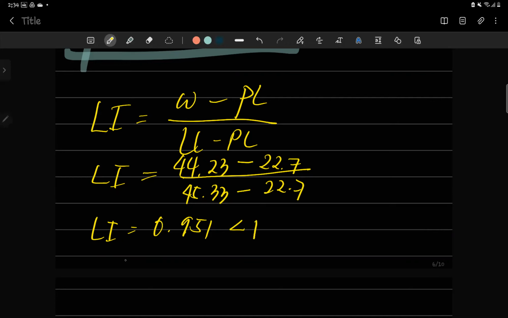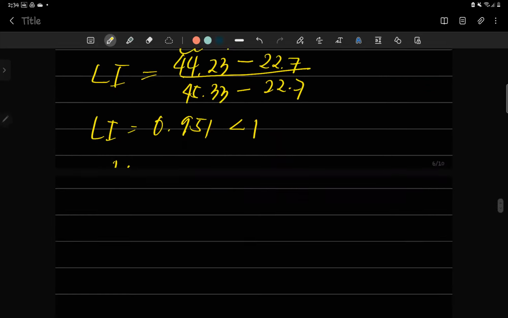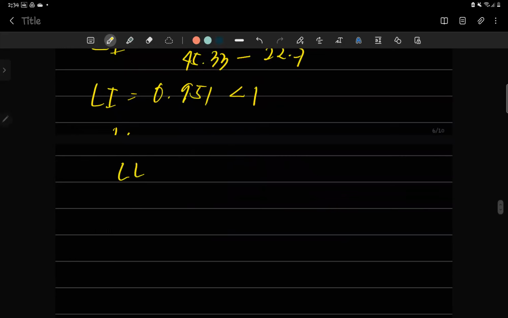So we have there in the description, if LI is greater than 0 but lesser than 1, in this case the soil is at plastic state.